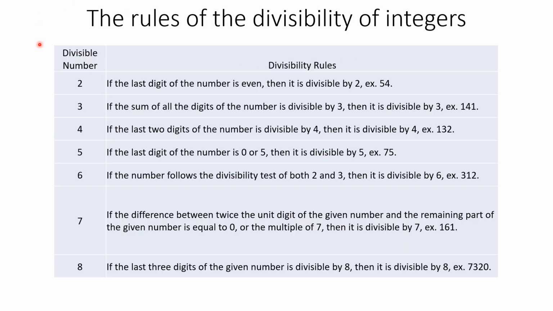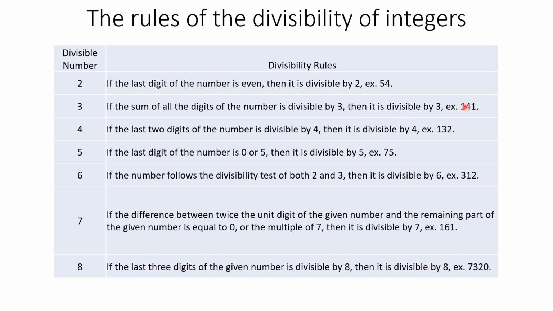So now we made a grid for every number and its rules for its divisibilities. So first, for number 2, if the last digit of the number is even, then it is divisible by 2. So for example, 54, 4 is divisible by 2, so 54 also is. So basically every even number. For 3, if the sum of all digits of the number is divisible by 3, then it is divisible by 3.